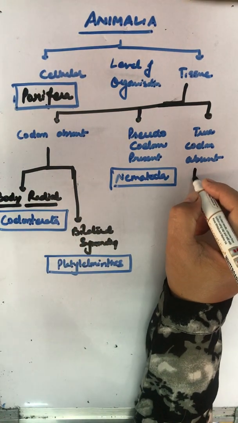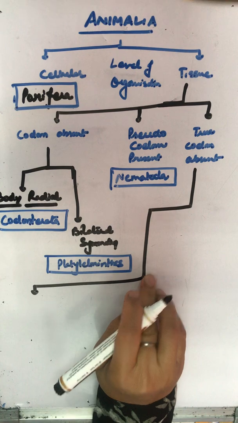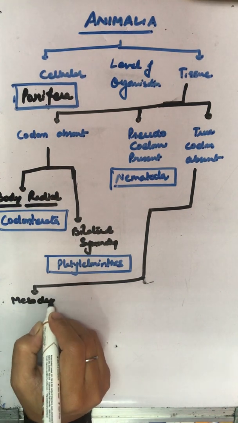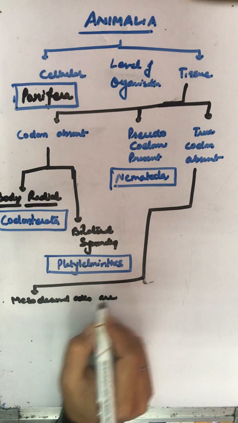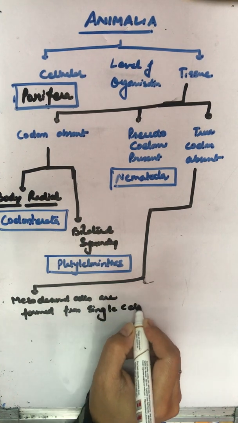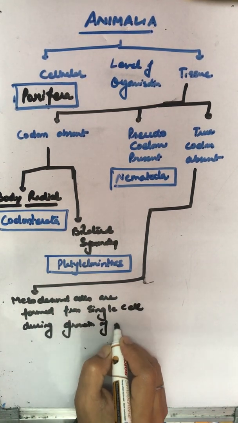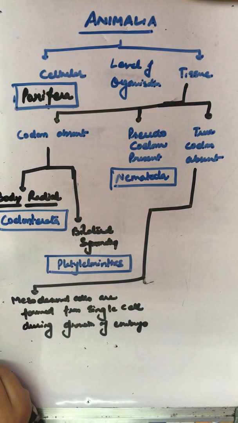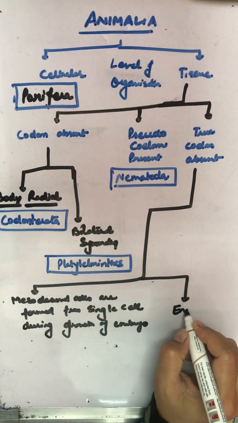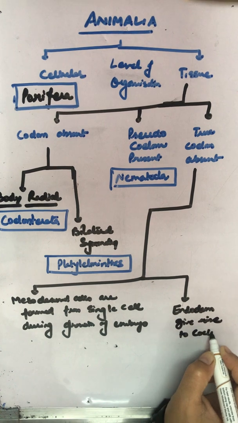If true coelom is present, then we have to further differentiate by saying that mesodermal cells are formed from a single cell during growth of the embryo, and the second one is that endoderm gives rise to coelom.